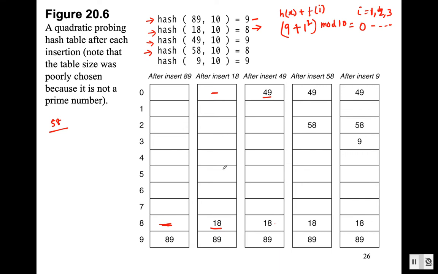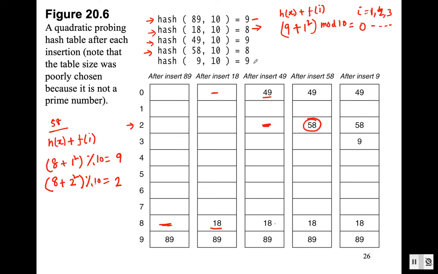To resolve the collision, we use h of x, which is 8, plus f of i, starting from 1 square, mod 10: 8 plus 1 mod 10 is 9. Cell 9 is still a collision, so the next value we try is 2: 2 square mod 10, so 8 plus 4 is 12, mod 10, which is 2. Index 2 is empty, so we insert 58 here.